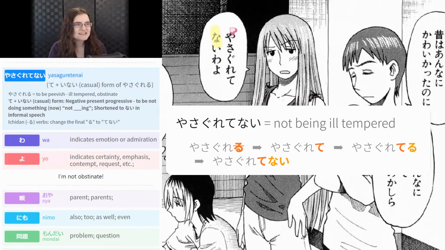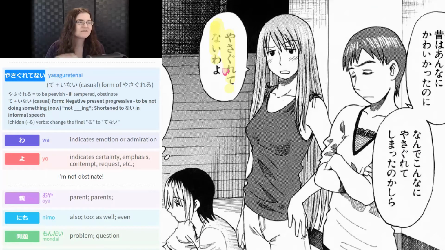But then we're going to change that to its negative, so that iru becomes nai, so that's like not being obstinate. And also the i is gone, because in a more formal version there would be an i somewhere here, but for this more casual version we're getting rid of that. So basically I'm not obstinate, and then wa is this feminine emphasis, and then yo is just like vanilla emphasis.